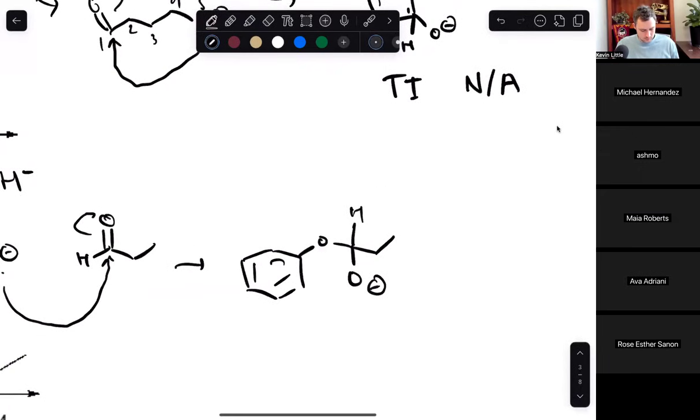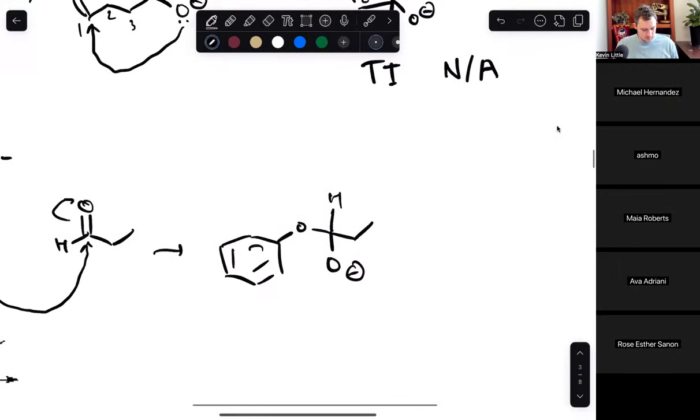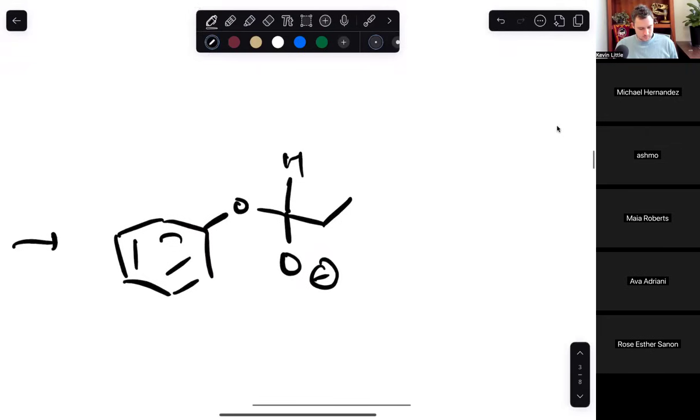Likewise, in this circumstance, because this is negatively charged, and this was my nucleophile, that's not a leaving group, that's not a leaving group. And my nucleophile can't be my leaving group. So this is my tetrahedral intermediate, and there's no leaving group here. So I can't do anything.